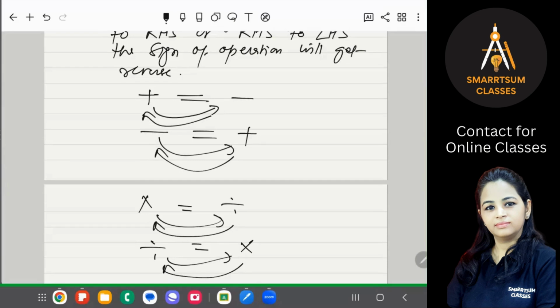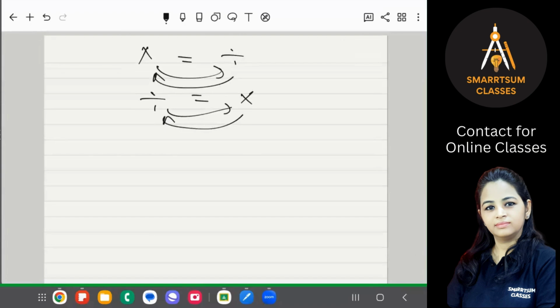Okay. Now, for example, suppose we have to find the value of x, the same example, 5x is equal to 25. So x is the variable, 5 is the constant term, 25 is also constant.